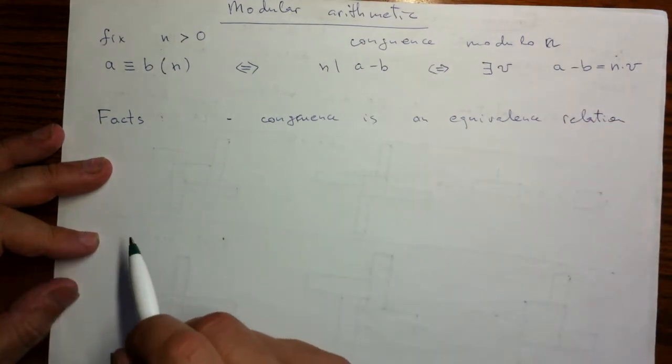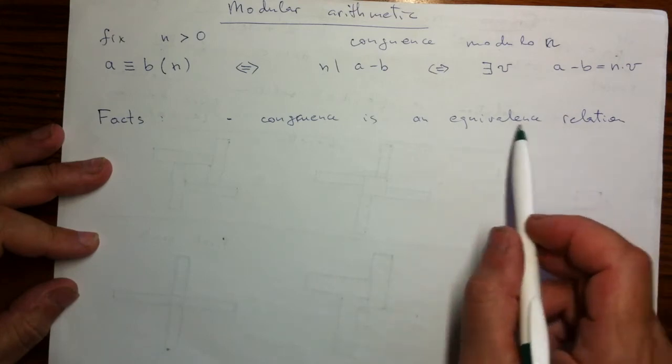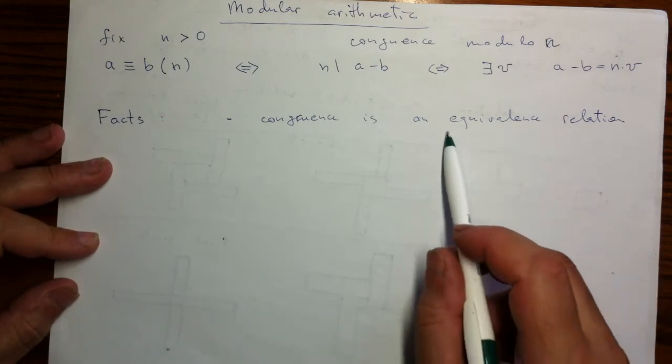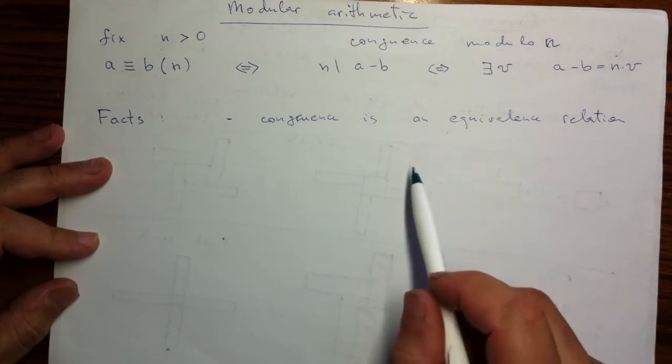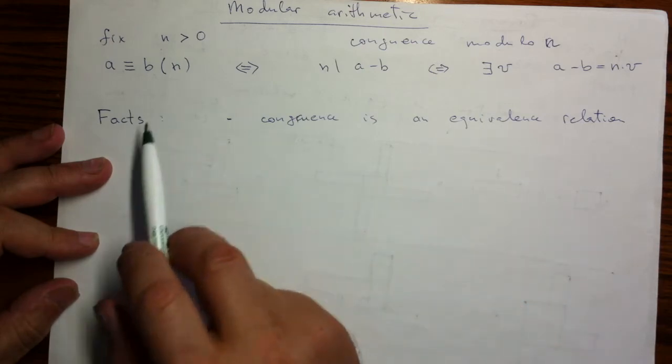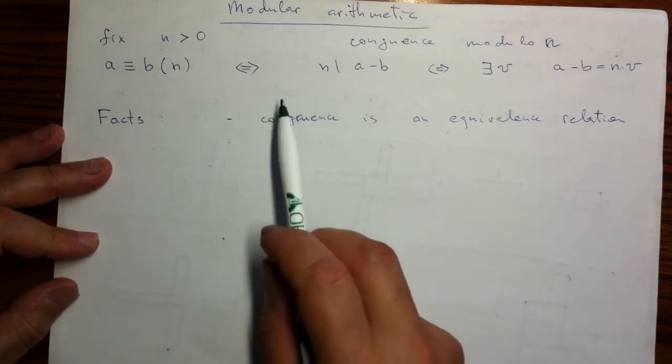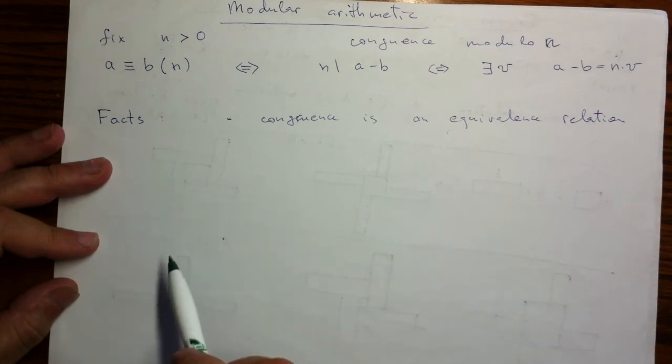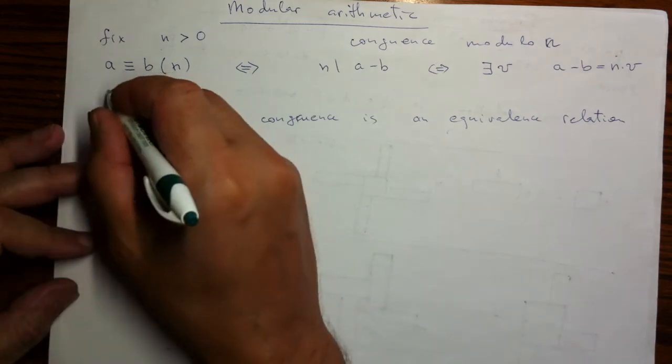That statement consists of three parts, three basic axioms for an equivalence relation. They have to be checked using the definition of this relation, and it is very straightforward.